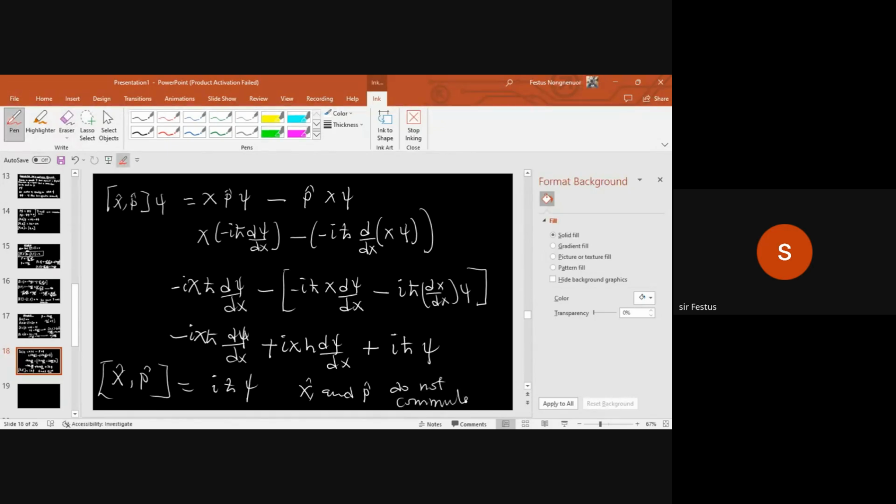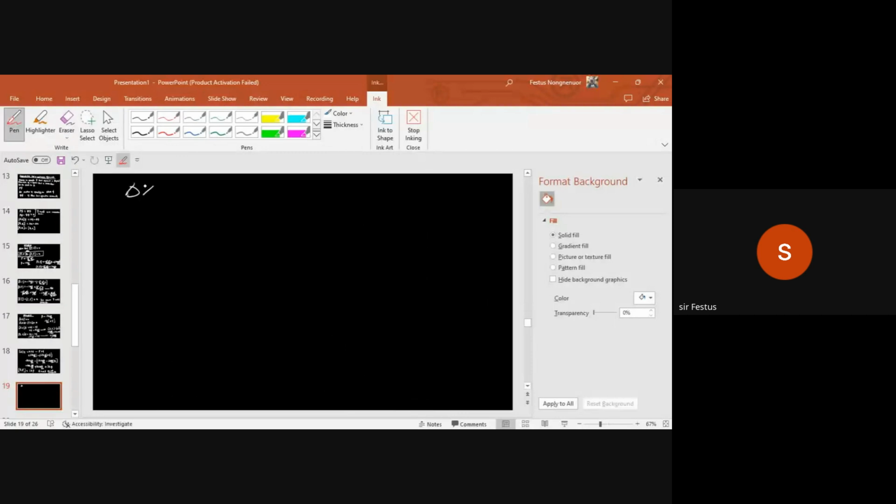So this is what we check as the uncertainty in position times the uncertainty in momentum is greater than h over 2 pi.